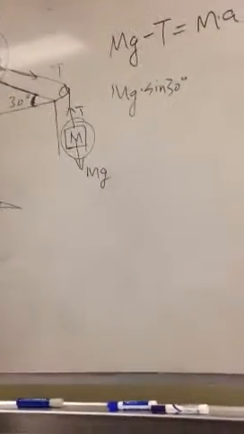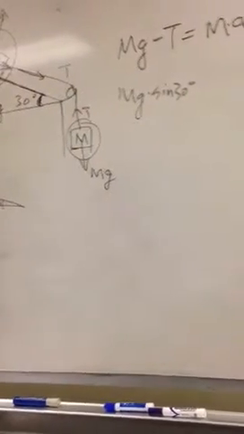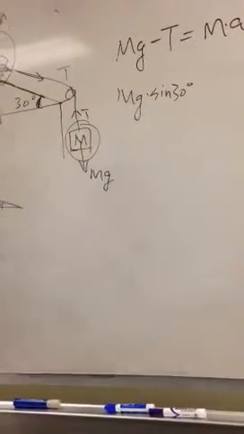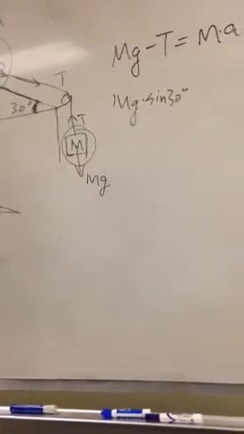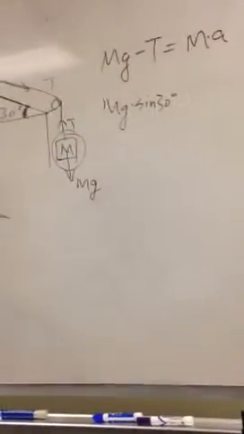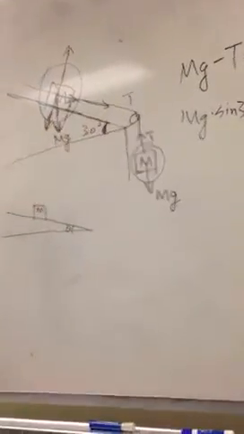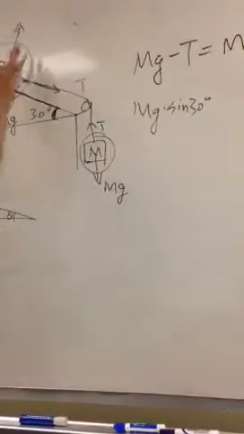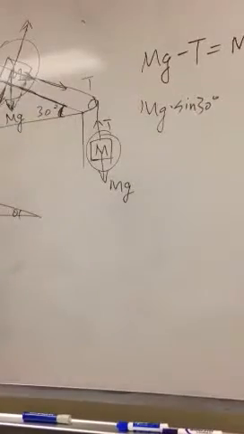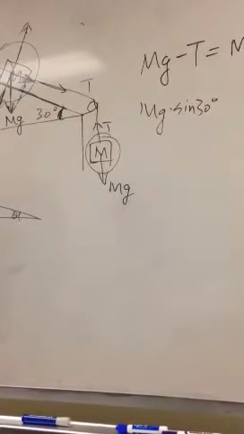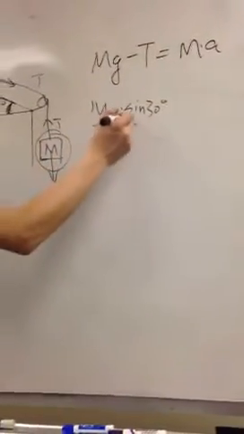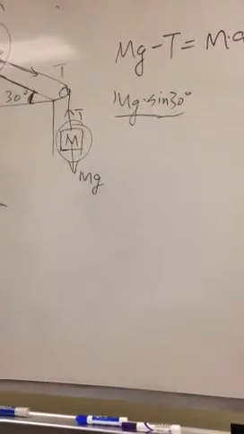So with that tension, you don't need to separate it into different components, because it's parallel to x. Yes, that's what I was trying to get. But gravity is not parallel. Right, I understand. So you need to separate out this x component, and it's mg times sine 30 degrees.